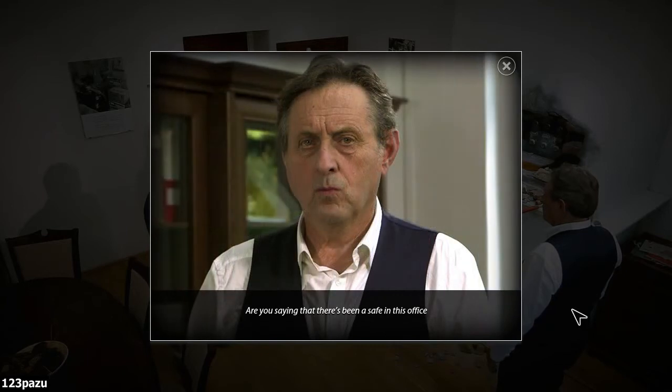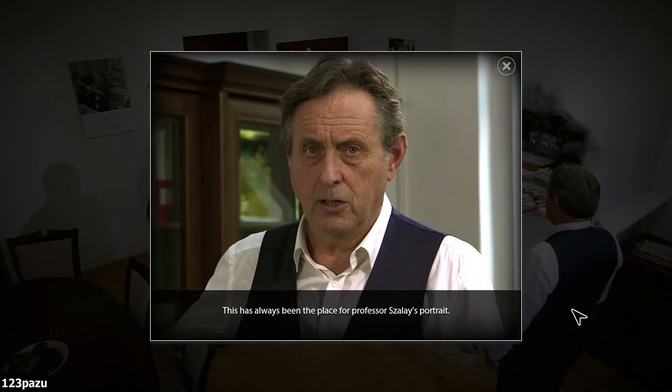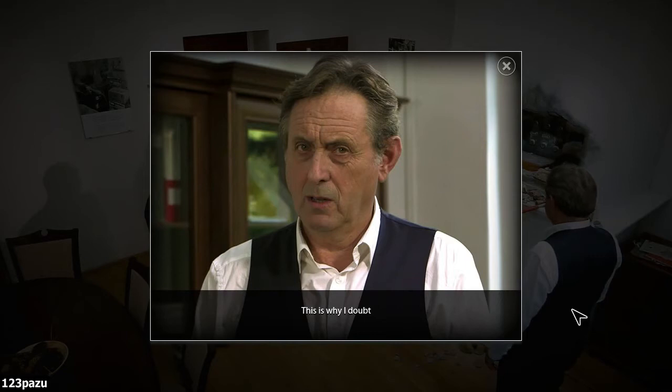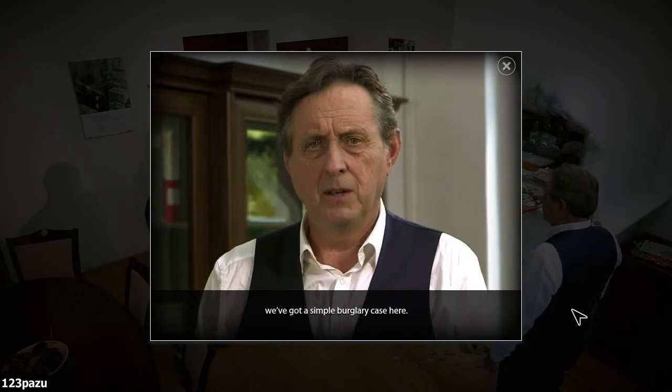Are you saying that there's been a safe in this office and nobody in this institute knew about it? Yes, this has always been the place for Professor Soloi's portrait. And yet, apparently the burglar knew exactly where to find whatever he'd been looking for. This is why I doubt we've got a simple burglary case here.